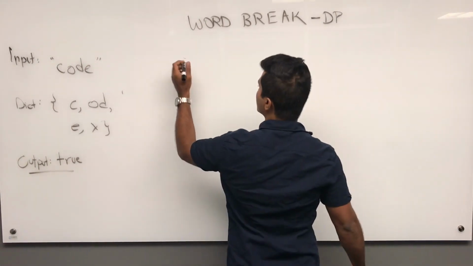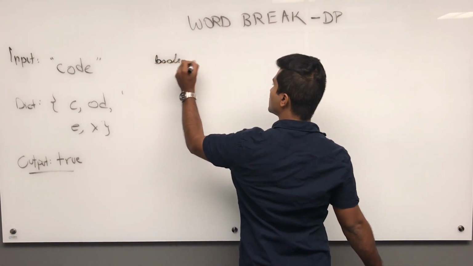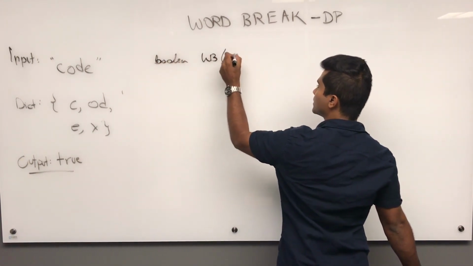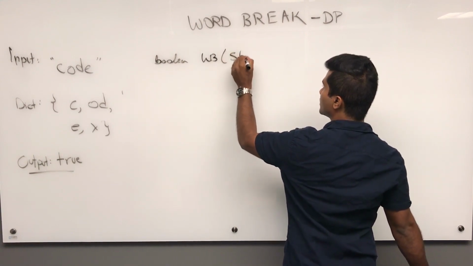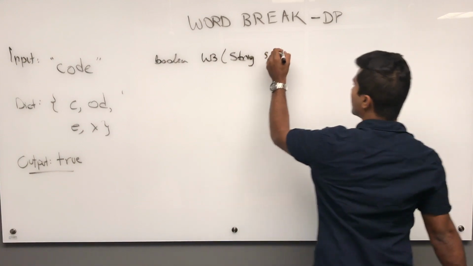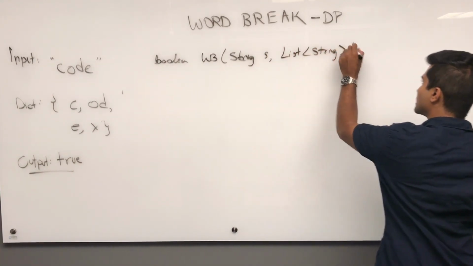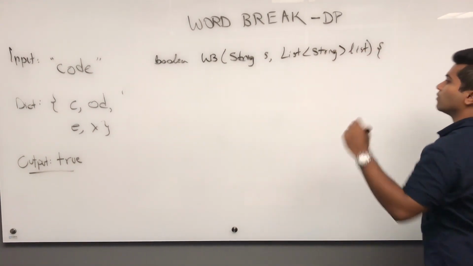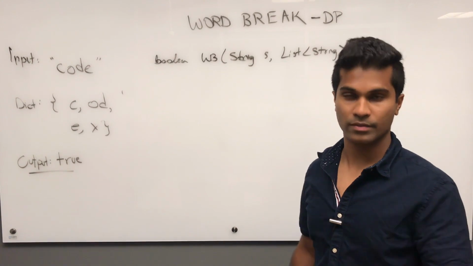If we're given, say, a boolean wordBreak, with a string s and a list of strings, say list. First we put all the list of strings into a set because it has fast lookup time.